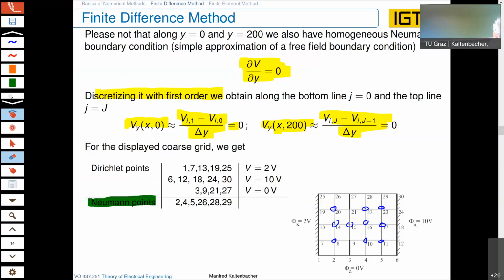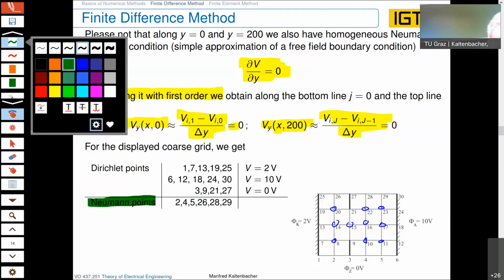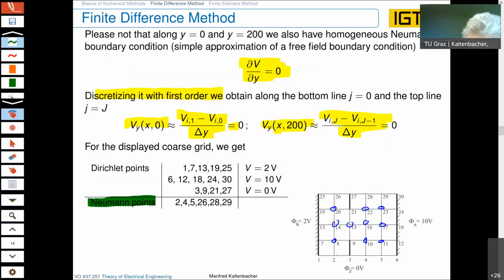So also here a green one. So this will be 2, 4, 5, 26, 28, 29. Hopefully this is also written on the slides as shown here.